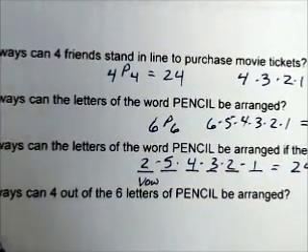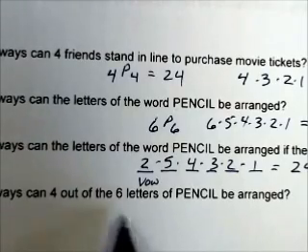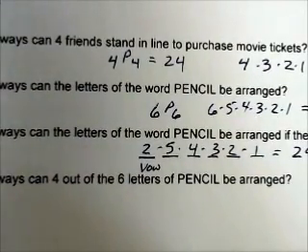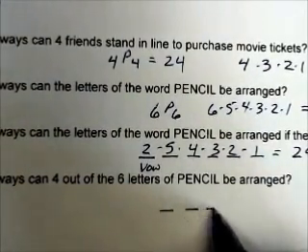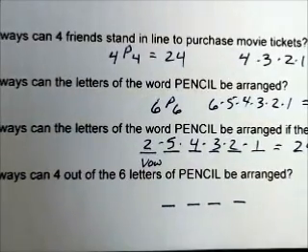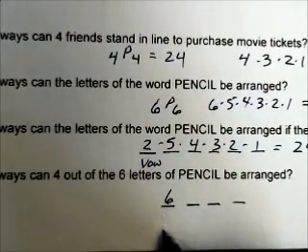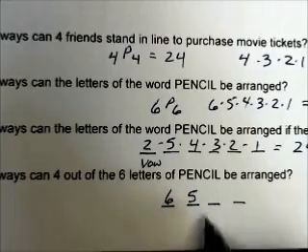The next example, how many ways can 4 out of the 6 letters of pencil be arranged? Okay, so now we don't want all 6, but only 4 out of 6. So we want 4-letter arrangements, so 4 slots. How many letters are there to choose from to place in the first slot? Well, there's 6. One's been placed, now 5 remain.